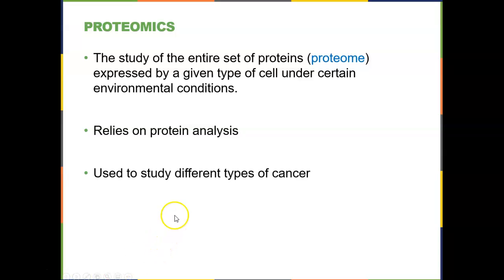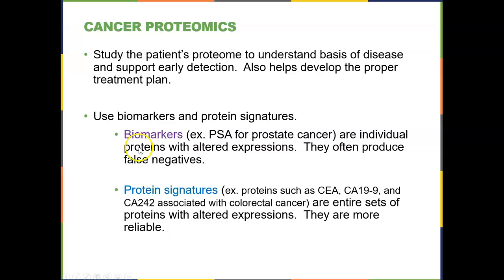It's a way to study different types of cancer. So let's take a look at cancer proteomics. So we can look at a particular cancer patient. We can look at the proteins that they make during their cancer disease, and we can help to get a good, proper treatment plan for them.